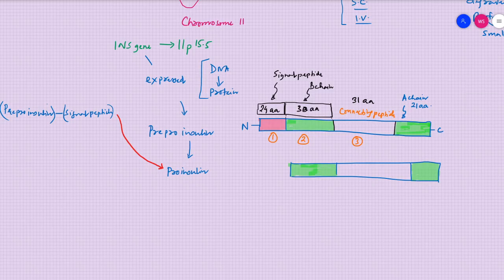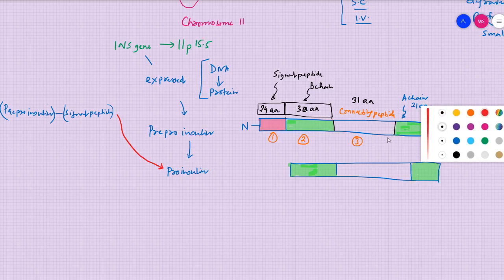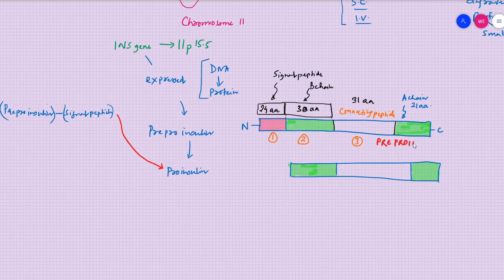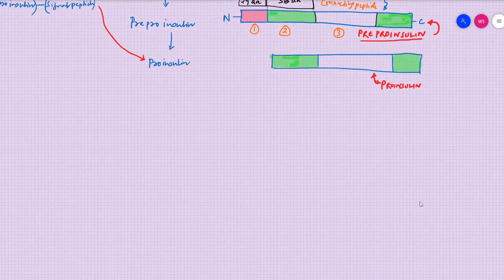Okay, so this is preproinsulin, and this is proinsulin. So this is proinsulin, and that is preproinsulin. Okay, so this preproinsulin, what happens to preproinsulin?